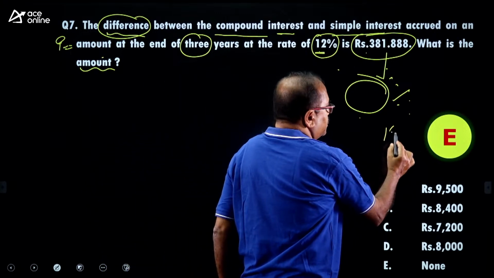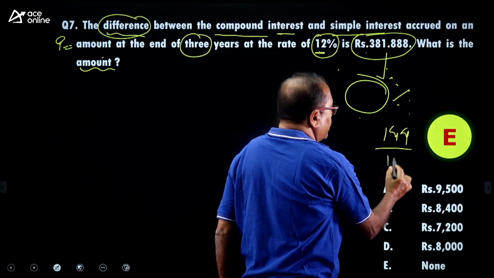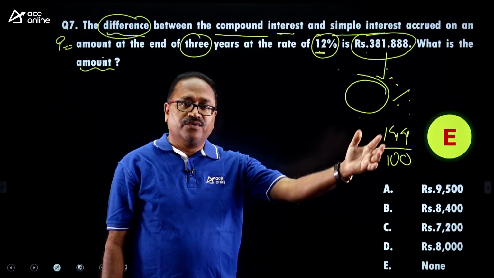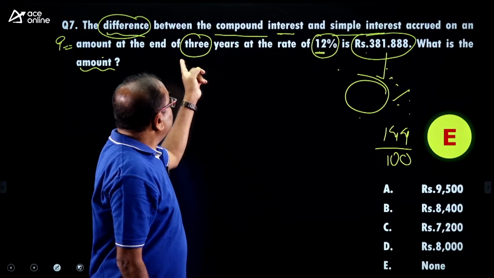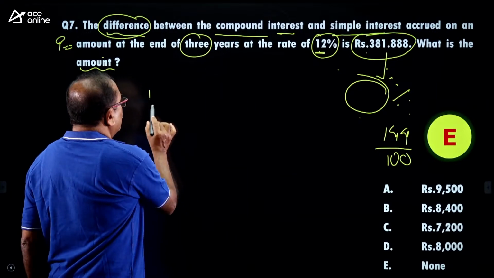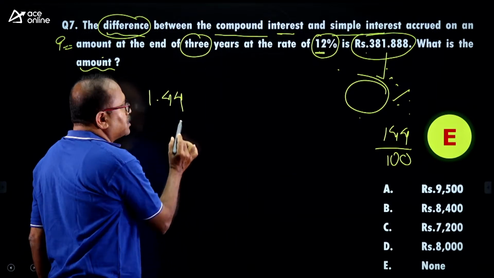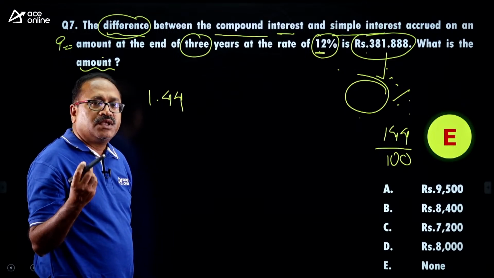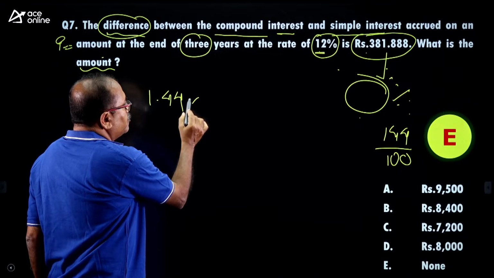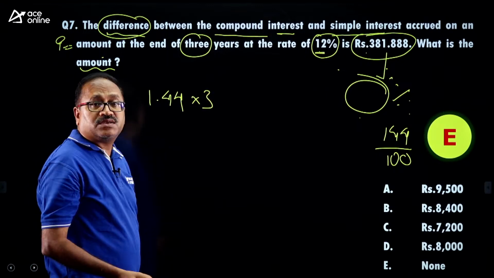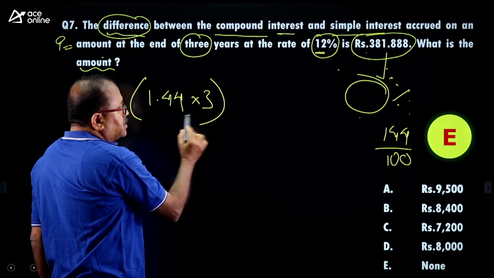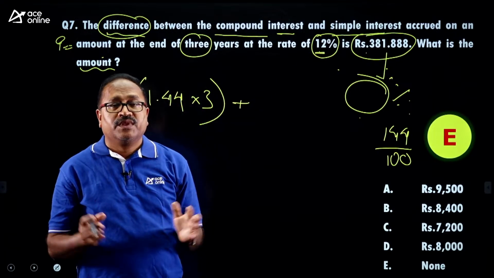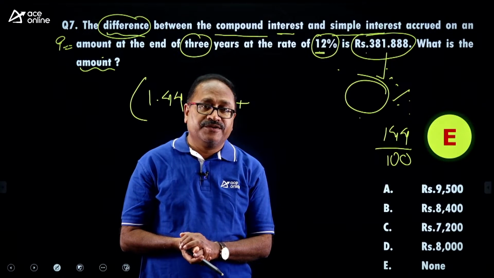That means 144 by 100, which gives us 1.44. As it is for 3 years, so 1.44. See how simple, how minimum the writing is. 144 into 3 as it is for 3 years, and plus 12 cube, that is 1728.